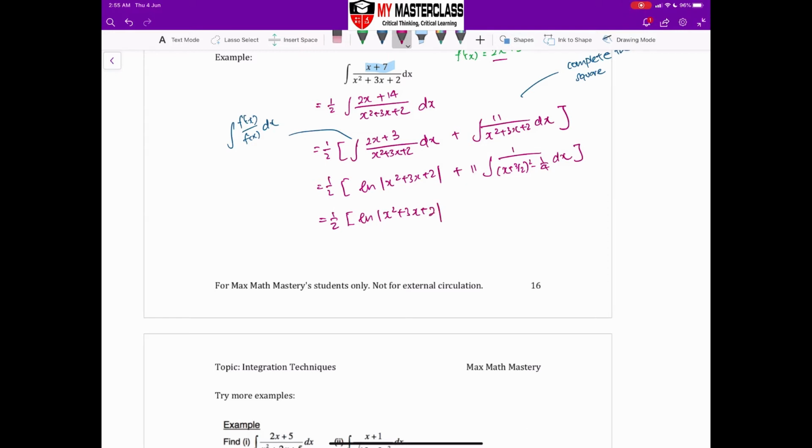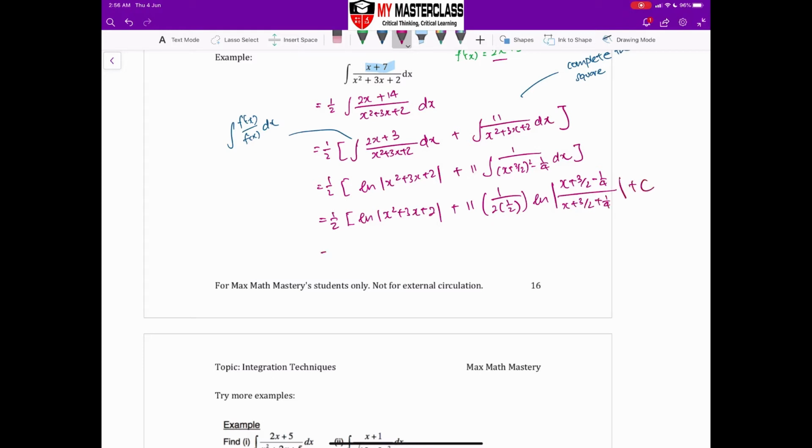Okay, then if you quickly run the formula, it should give you plus 11. 11 remains. Okay, it's 1 over 2a, so it's 2 times half. So ln modulus x plus 3 over 2 minus 1 over 4, divided by x plus 3 over 2 plus 1 over 4, plus c.